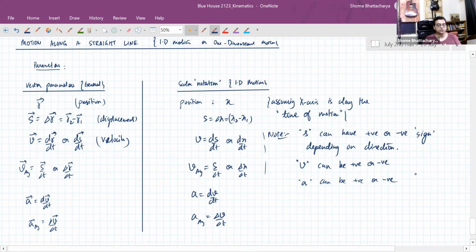So it's one-dimensional motion. So the general definition and relationship between the parameters in one-dimensional motion is position is given by a single coordinate. Displacement is therefore the change in the coordinate. Velocity is the rate of change of that coordinate or position or displacement with respect to time. And acceleration is rate of change of velocity.